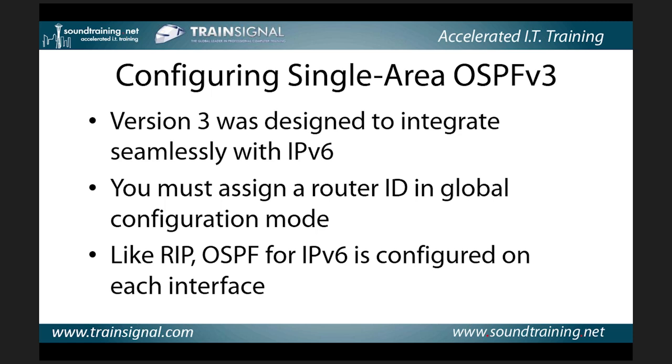Unless you have OSPF version 2 running, where you've got a traditional IPv4 router ID, you have to assign one. So if you're running a router that is just running IPv6, you have to manually assign it a router ID in global configuration mode, and that router ID can look a lot like a traditional IPv4 address. And just like RIP, OSPF for IPv6 is configured on each individual interface.